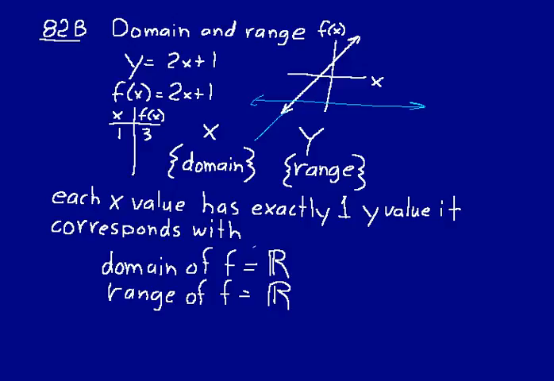So for a function, the domain is all the x values that can work in that function, and the range is all the y values that will work in that function. In a function, each x value has exactly one y value that it corresponds with.